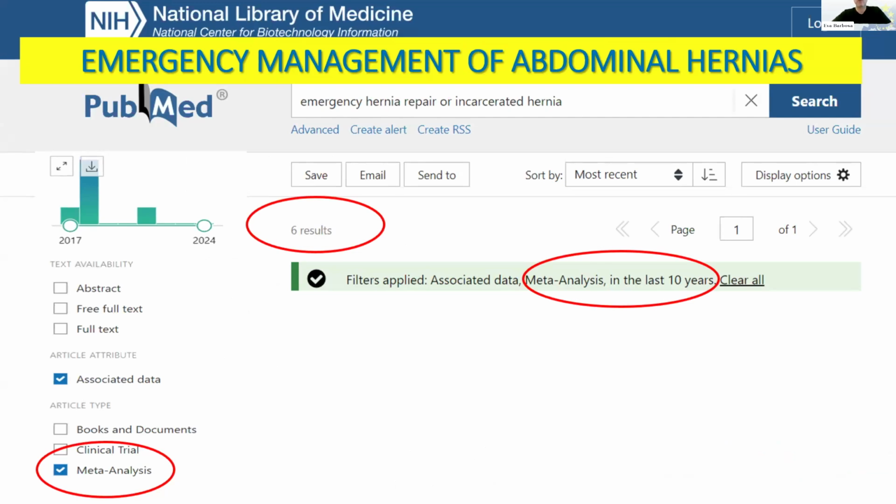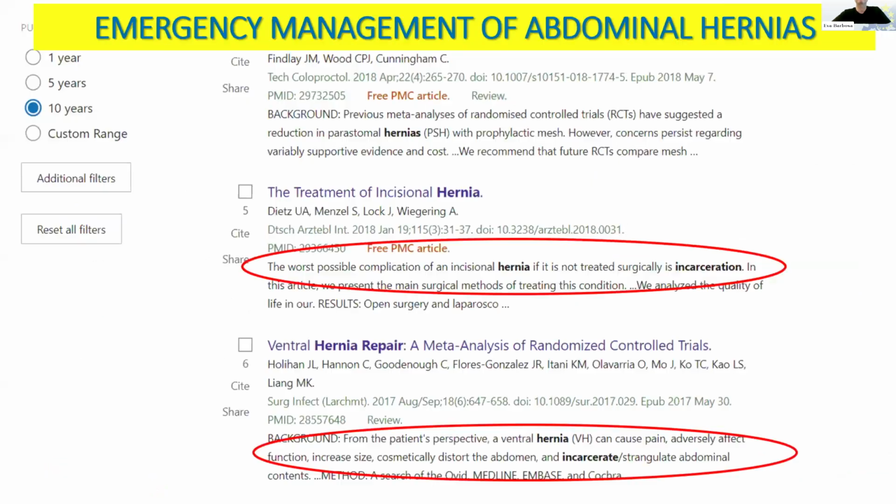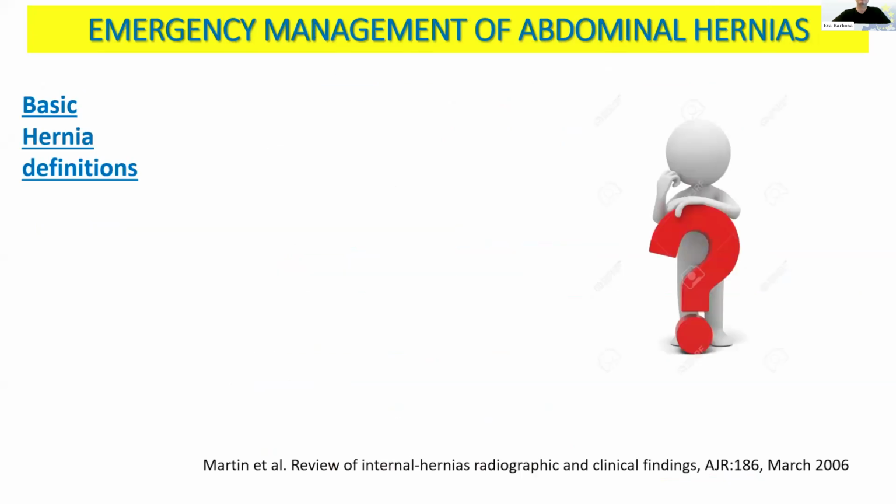Most of the studies are retrospective. Some of them are controlled. And with regards to these 6 studies, I found at least just 2 of them which spoke about incarceration. One from Uli Dietz from Germany, and another one from the group of Michael Lang and Julie Holland out of Texas. So there's not much out there.